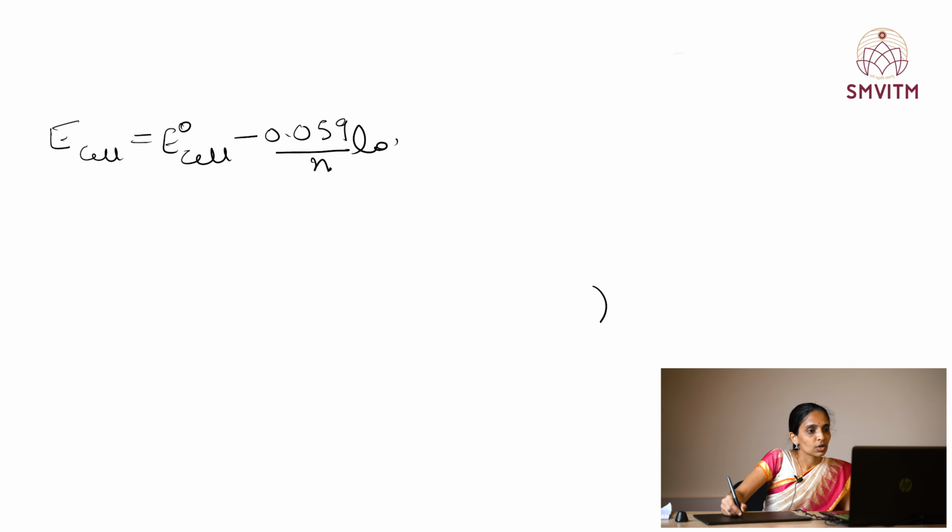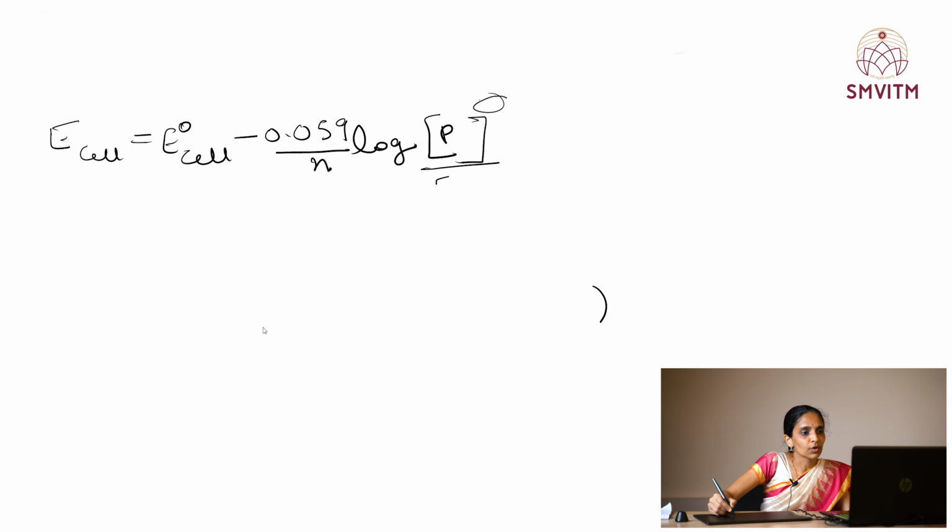So let's formulate it. E cell equals E naught cell minus 0.059 divided by N log of, here you have got different products, of course raised to the appropriate powers, is it not?